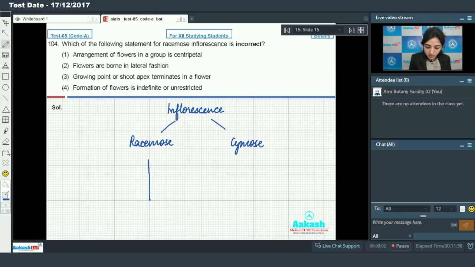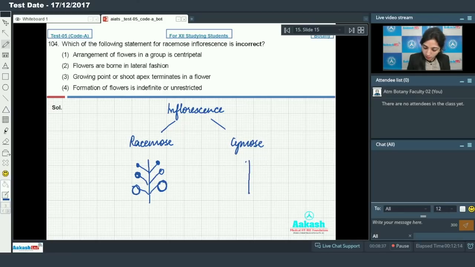What happens in racemose inflorescence? You have older flowers at the base and younger at the top. The older flower will be bigger, so we showed the bigger flower at the base and younger at the top.